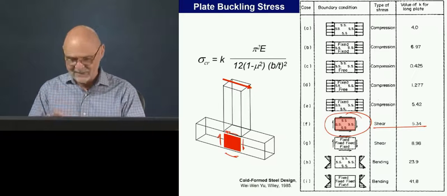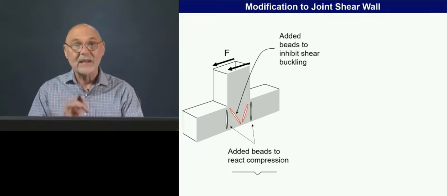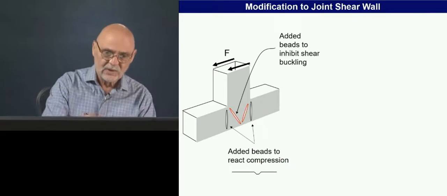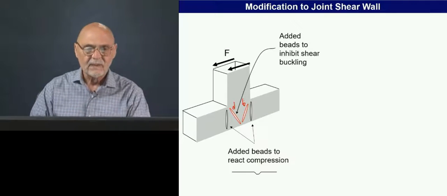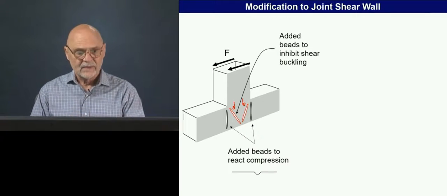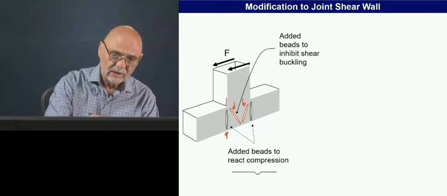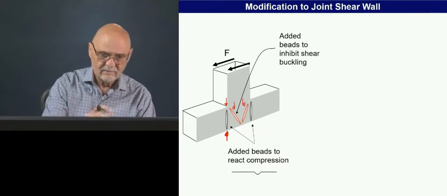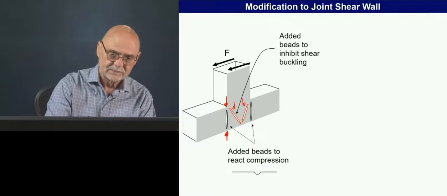Generally the way we can do that without adding mass is to just add some beads. Here is a case where we've added some diagonal beads to inhibit the shear buckling, and we've added some beads here to increase resistance to that compressive force that we got here.